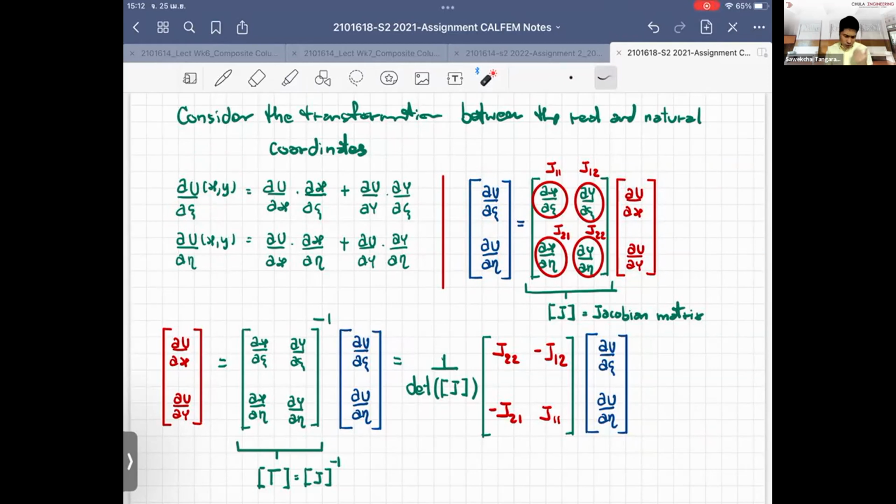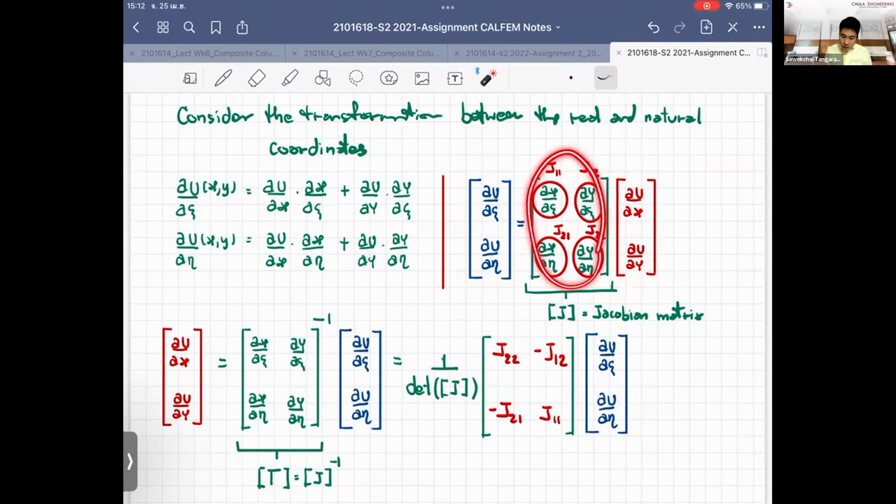Sorry, this is the derivative of u in terms of the natural coordinate xi and in terms of the natural coordinate eta. By doing this, you can make the relationship between the first derivative of the displacement function in terms of the natural coordinates to match with the coordinates in x and y.